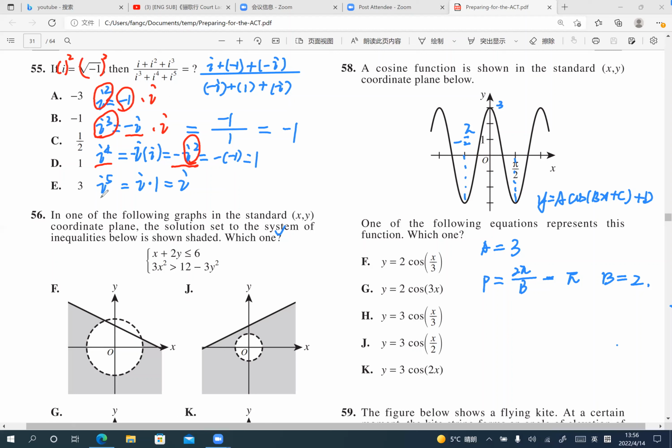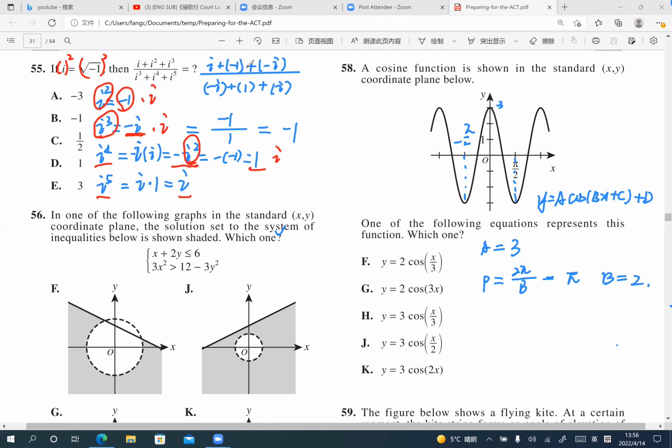And i to the fifth should be equal to i to the fourth times another i, which is equal to i. Then we plug in the values. So the expression equals i plus -1 plus -i, divided by -i plus 1 plus i.